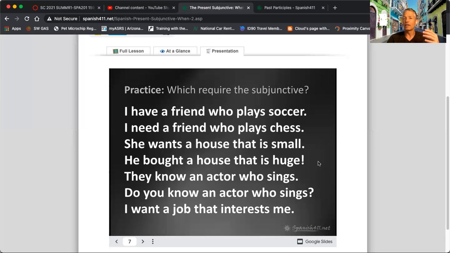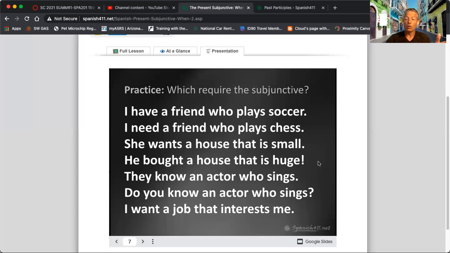Look for cues like the verb tener, to have, or anything that indicates that it actually exists. Then look for something that's ambiguous, that makes it so maybe it does, maybe it doesn't exist. It's indefinite.